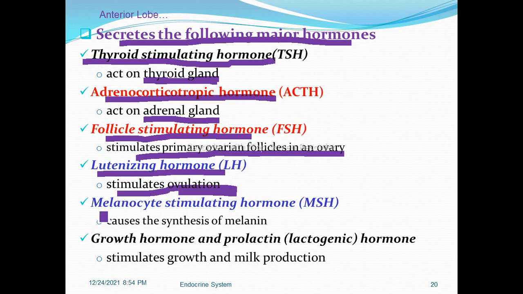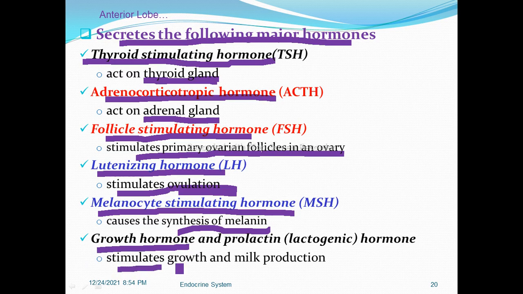The other is melanocyte stimulating hormone, which causes synthesis of melanin. The other hormone is growth hormone, which is important for stimulating growth. So our growth is led by growth hormone.